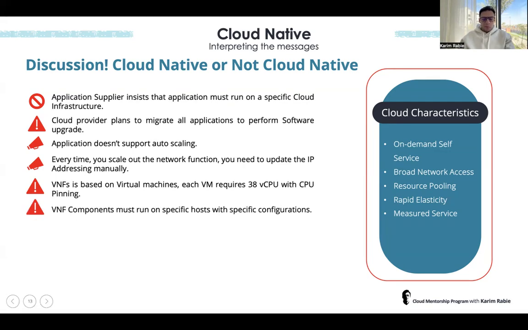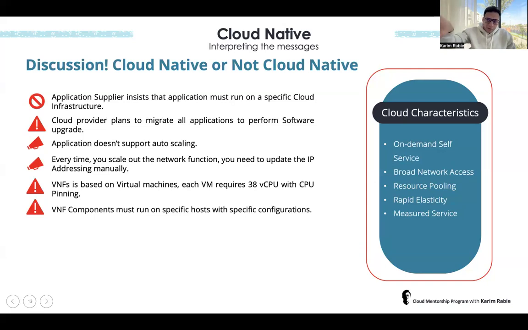VNF components must run on specific host with specific configuration. This is happening, and this is not a cloud native practice. What does this mean? For instance, you may have some servers that have strong capabilities in terms of network interface cards, in terms of networking, so that you put the pods or the VMs related to user plane handling on these servers.